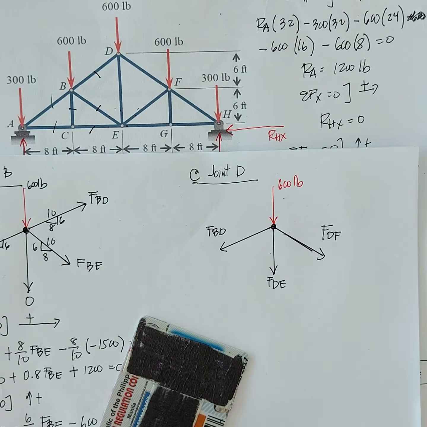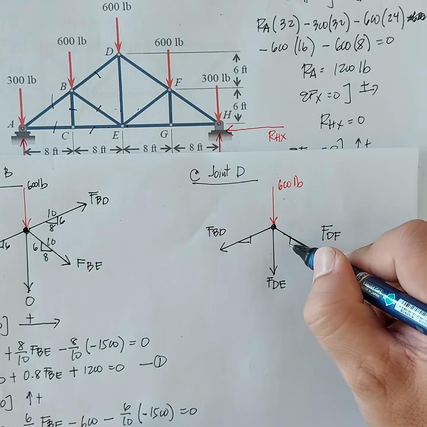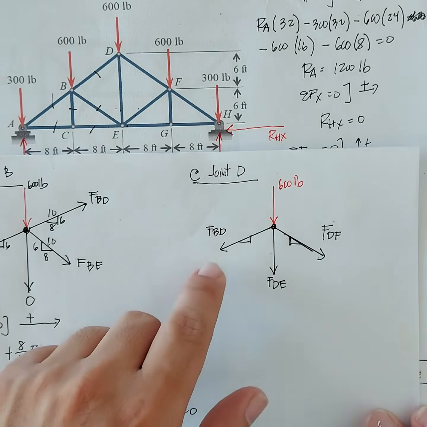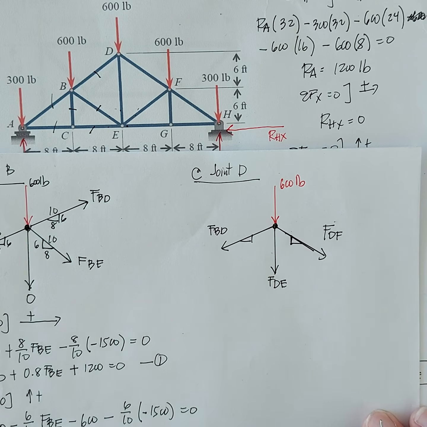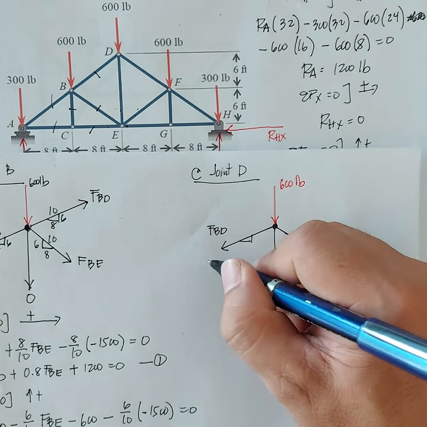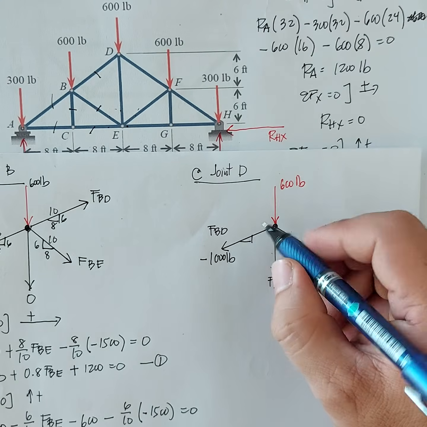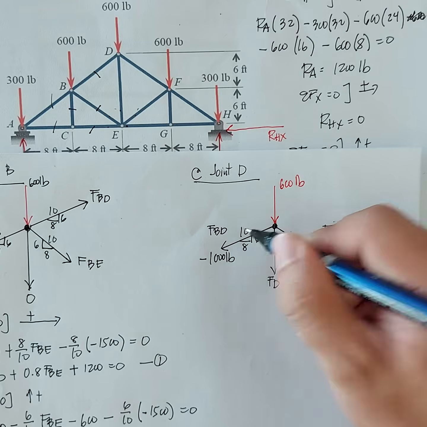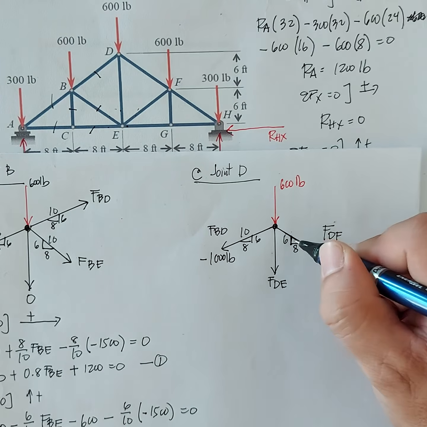Okay. Ayan. So, slope natin. So, we already have solved for FBD kanina. Ano yung FBD? That is negative 1,000 pounds. And this is slope natin. We have 8, 6, 10. Ito FDF, we have 8, 6, 10.